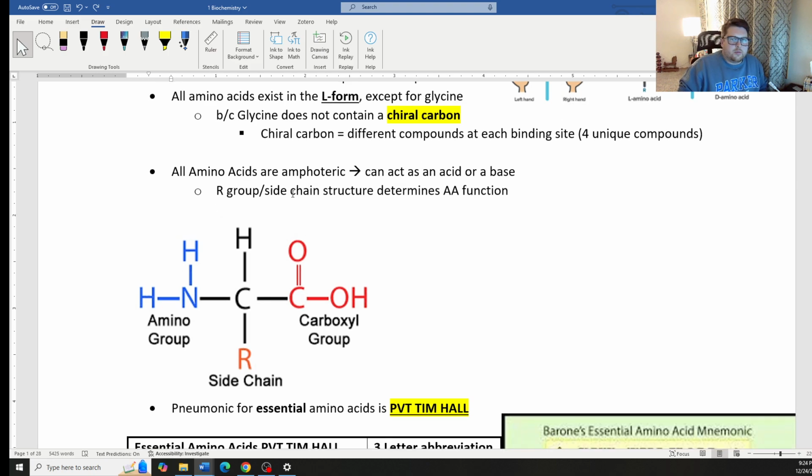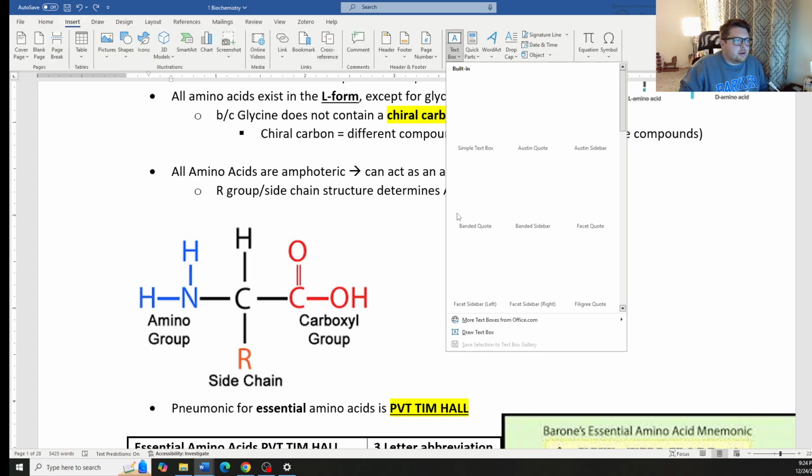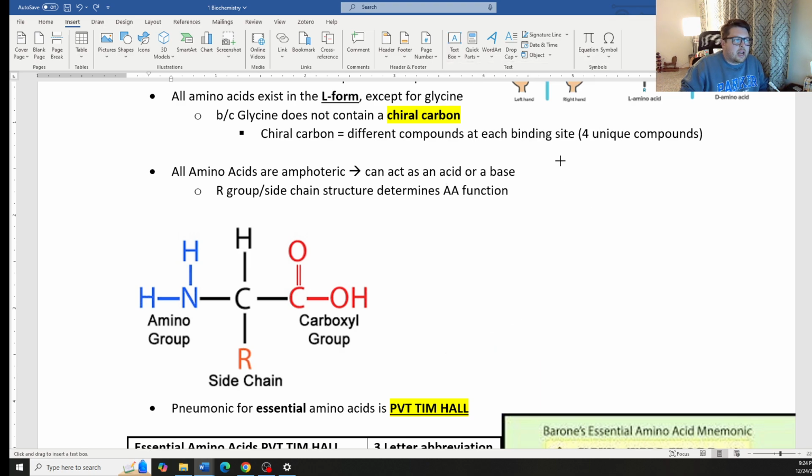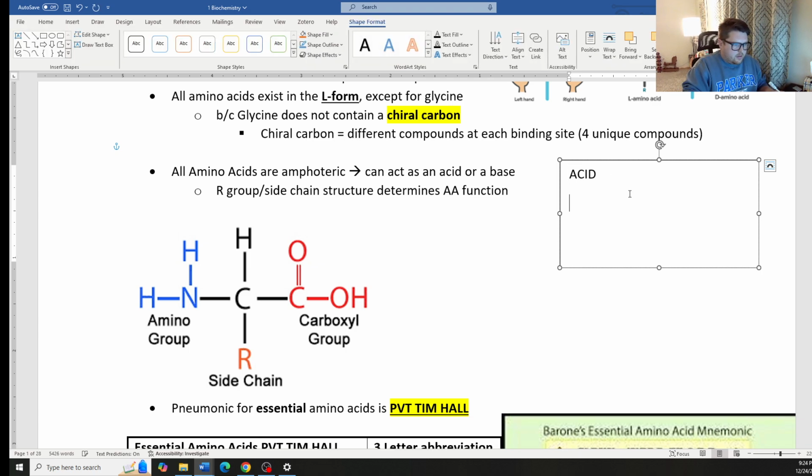Some more terminology. All of our amino acids are what are called amphoteric. This means they can act either as an acid or as a base. Now, what does that mean in terms of chemistry? When we talk about acids versus bases, we're looking at pH value.